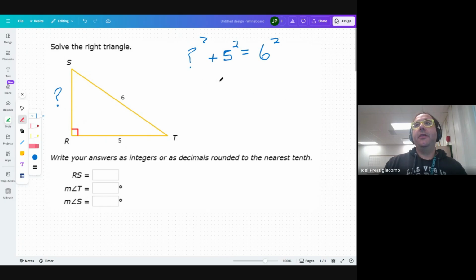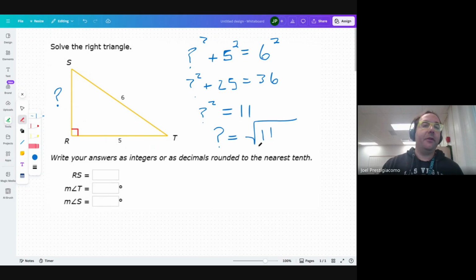This means that we're going to have our missing side squared plus 25 is equal to 36. We subtract 25 from both sides. We're going to have our missing side squared equal 36 minus 25. That's 11. And so we know that our missing side will be the square root of 11, right?